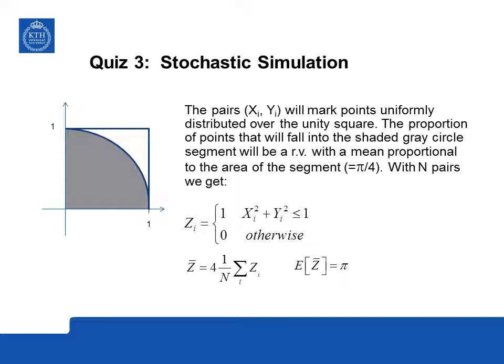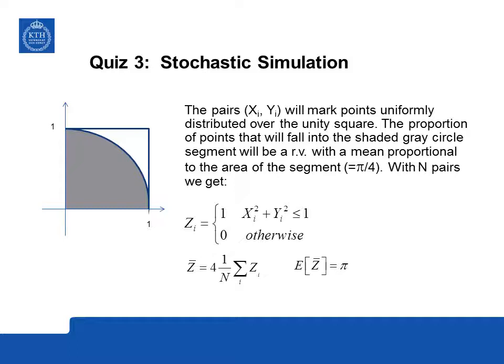So again, we use the uniform pairs x and y that will sprinkle the unit square, and then we count how many of them fall below the circle circumference in the shaded area. So we form z i as 1 if x squared plus y squared is less than 1, that is, the point is in the shaded area, or 0 otherwise.